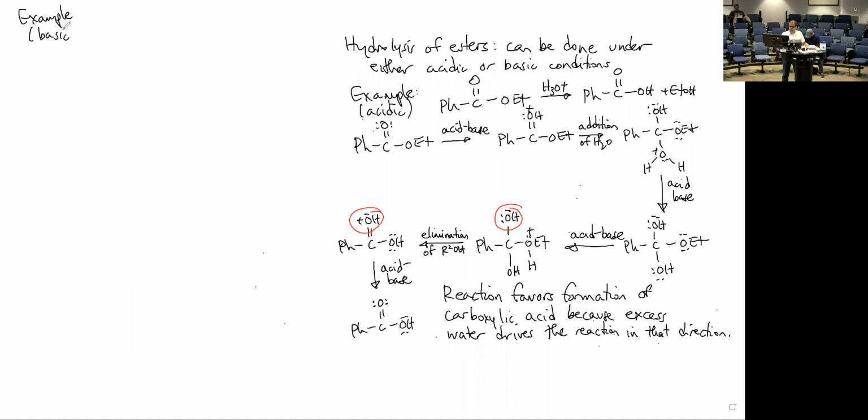Example under basic conditions. We'll take methyl hexanoate. First step will be aqueous sodium hydroxide. And then at the very end, we will need to add acid.